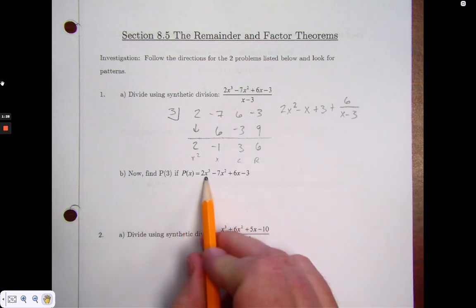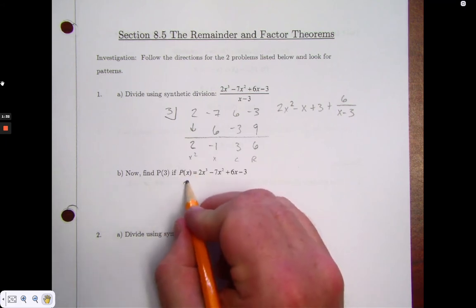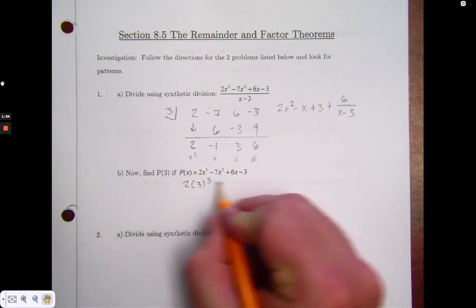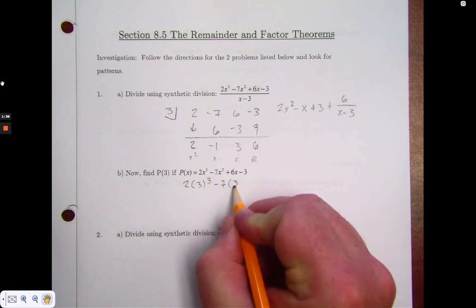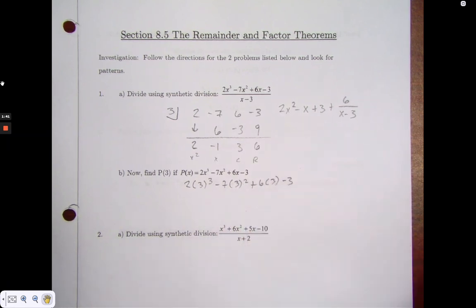Now if I take this same function and put 3 in for x, I get 2 times 3 cubed minus 7 times 3 squared plus 6 times 3 minus 3.